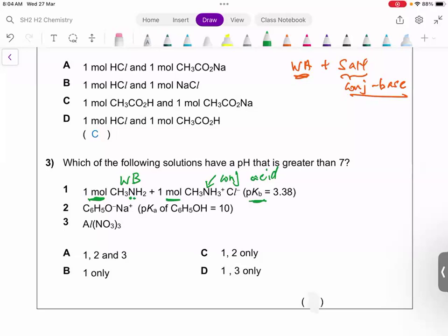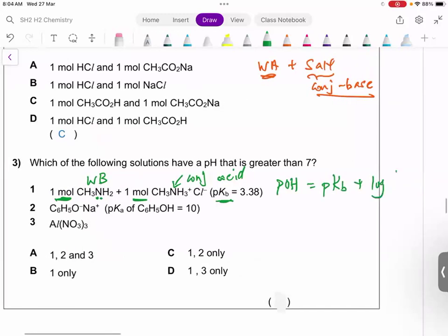Remember, you are talking about a weak base here, so what you can calculate first will be pOH. It will equal pKb plus the logarithm of the concentration of the salt over the concentration of the weak base, right?